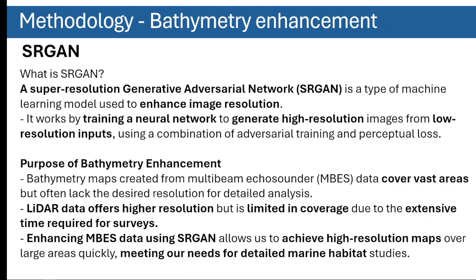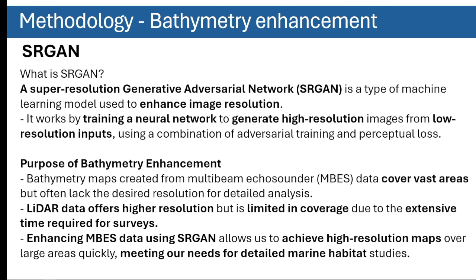Okay. Talking now about the bathymetry pre-processing step, which uses a super-resolution GAN, if somebody is familiar with it. It's a type of machine learning model used for enhancing image resolution. So I took this model and worked with it on maps.